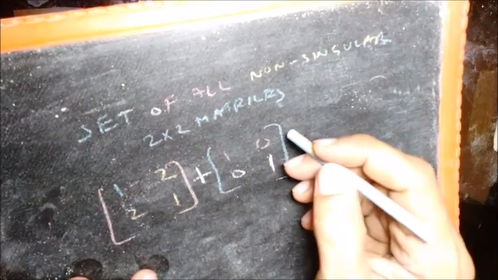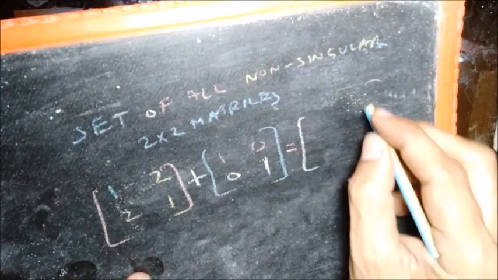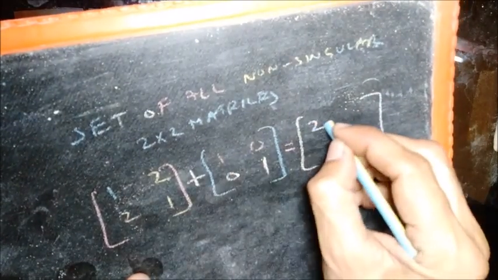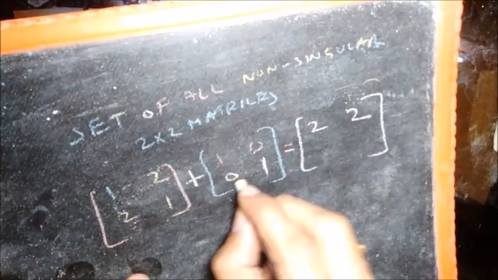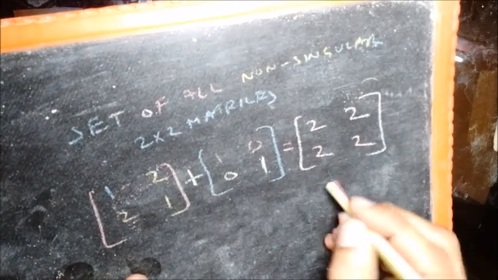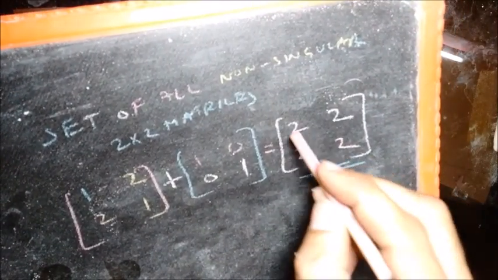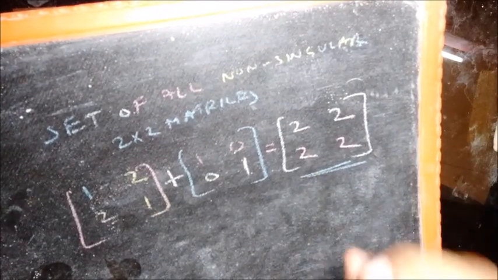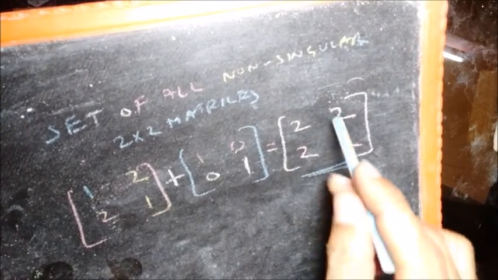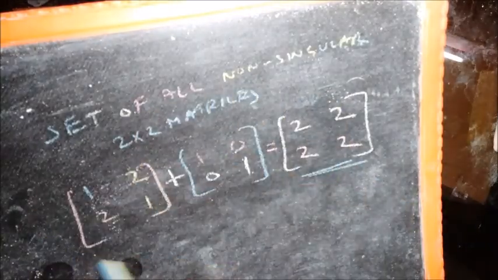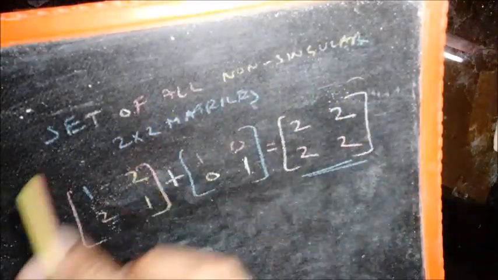The result is 1 plus 1, 2, 2 plus 0, 2, 2 plus 0, 2, 1 plus 1, 2. You can see that this is a singular matrix because the determinant is 0. Obviously, it is nothing but the same row repeated here. It is a singular matrix, which means that the set will not be closed under addition.